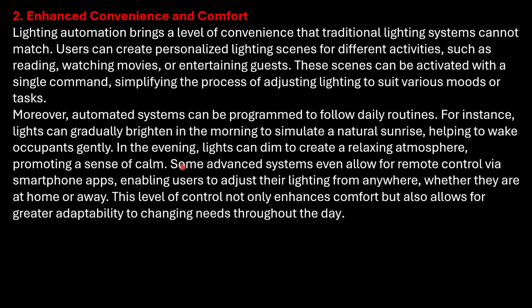Some advanced systems even allow for remote control via smartphone applications, enabling users to adjust their lighting from anywhere, whether they are at home or away. This level of control not only enhances comfort but also allows for greater adaptability to changing needs throughout the day. The color can also be changed from morning to evening and season-wise.